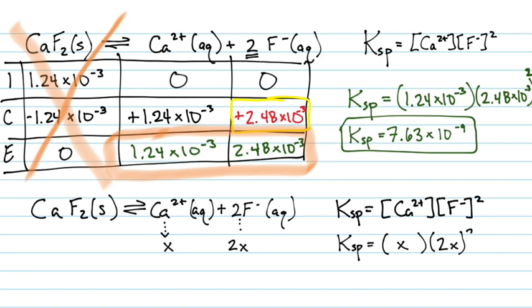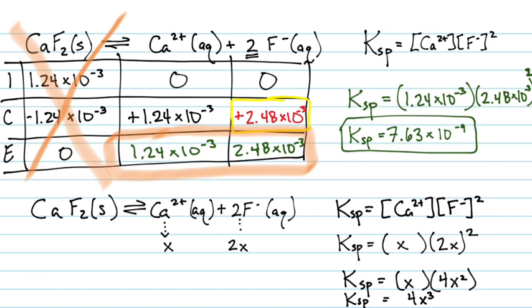And we're still squaring it. That could even be simplified into X times 4X squared. I could simplify it one more time into KSP equals 4X cubed.